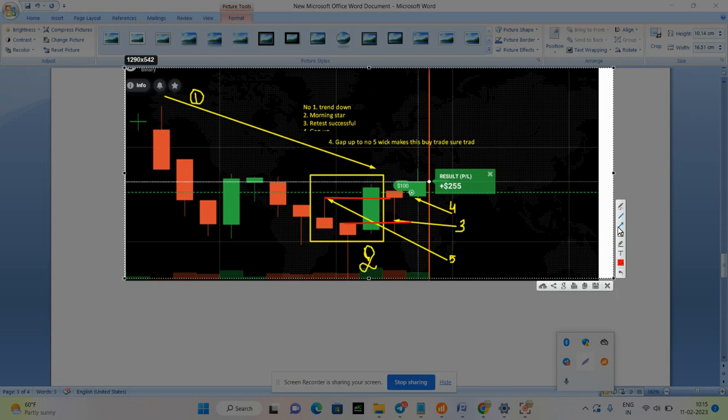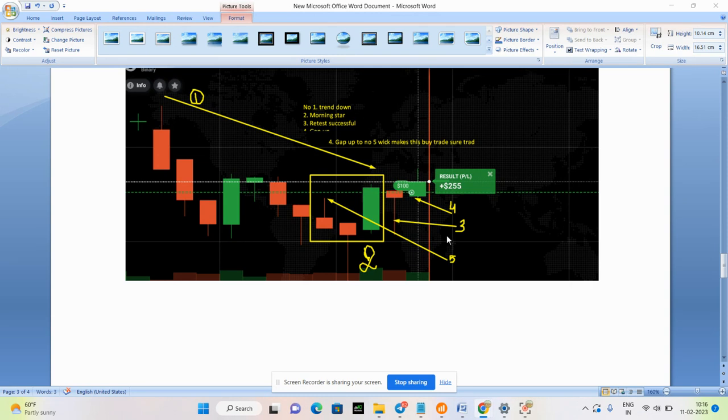Since this morning star is against the trend, as the trend is downtrend, and it is indicating that the market will now go higher, and this is against the trend, retest is compulsory. And this seller's candle retested the key level of the morning star successfully. So this is confirmation that we can go with the buyers now. And here we went with buyers and won.